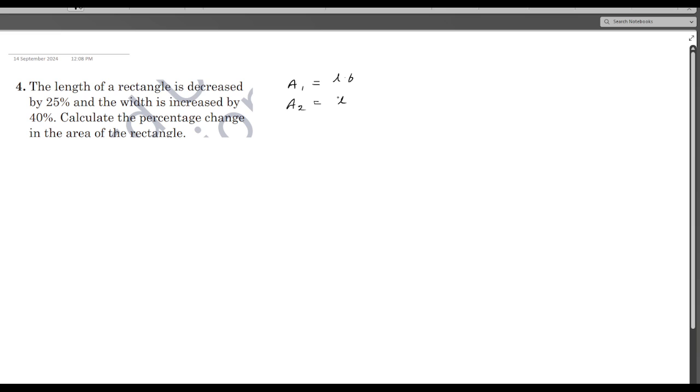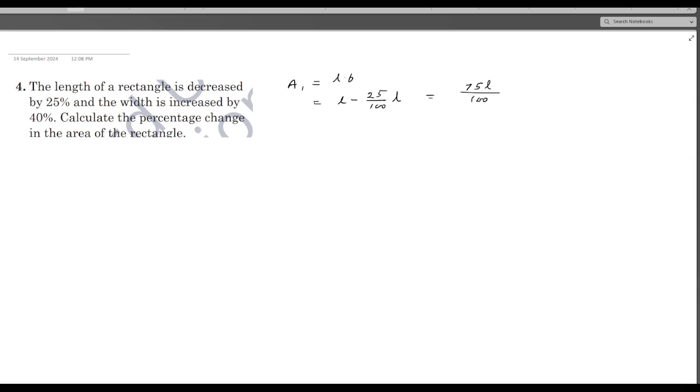So L becomes L minus 25% of L. So this is 100 minus 25, it is 75L divided by 100. This is your new length.